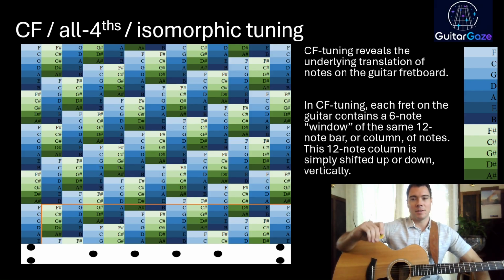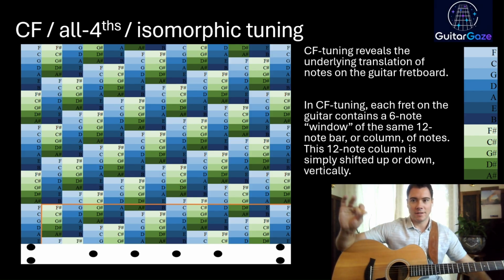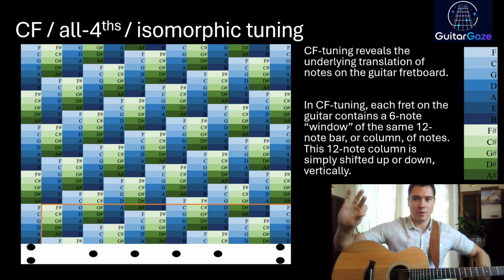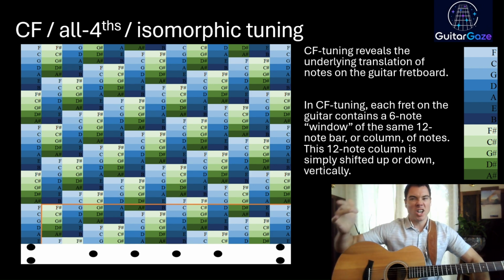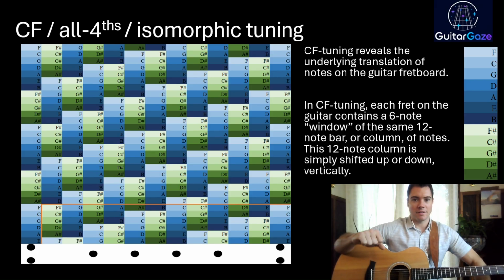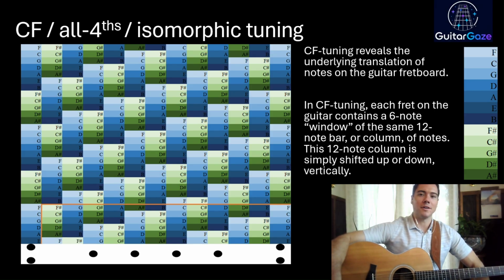And this image here depicts in clearer detail, with a broader viewing window, the underlying translation of notes on the guitar fretboard. So my primary objective here is to show you what lies outside of the window of the guitar.